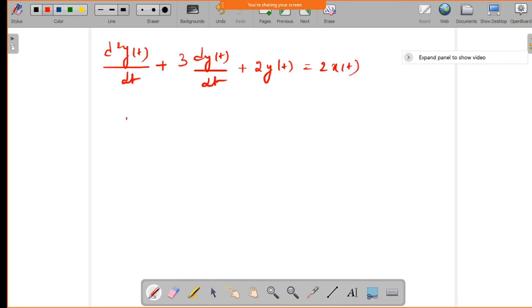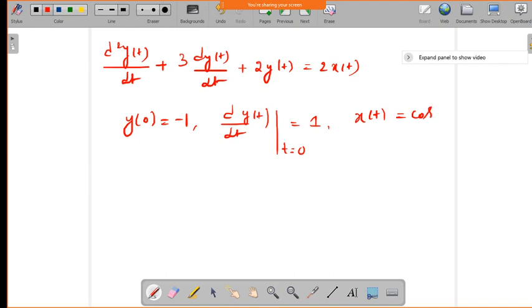Now, the initial conditions are y(0) is nothing but minus 1 and dy(t)/dt at t equal to 0 is nothing but 1, okay, and x(t) is given by cos 4t into u(t).